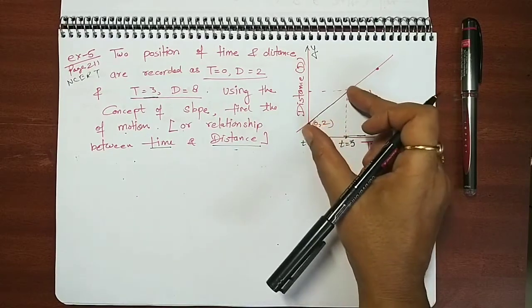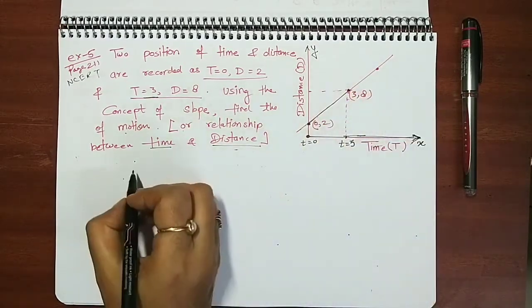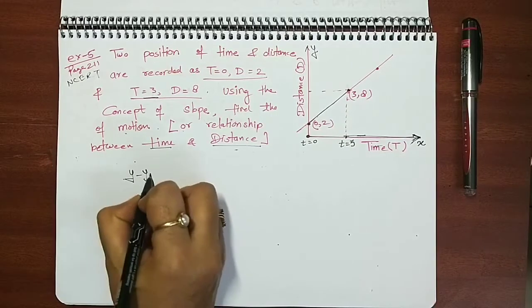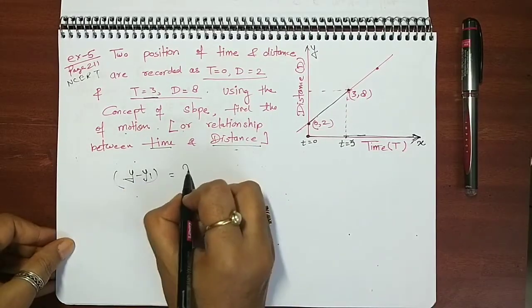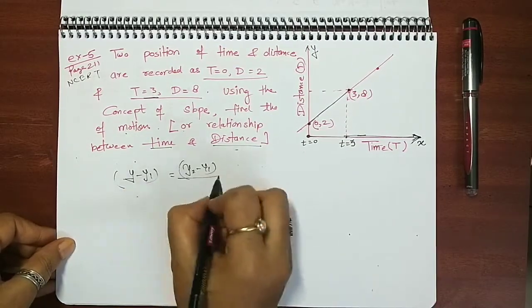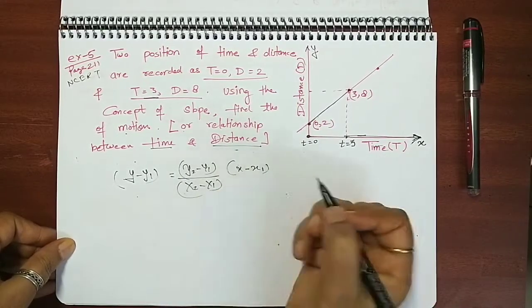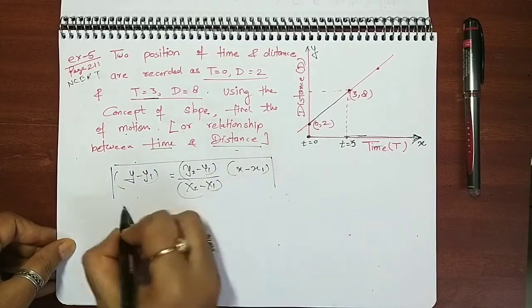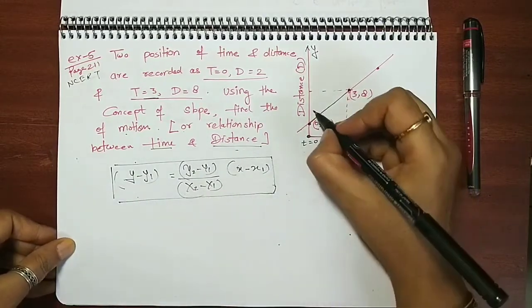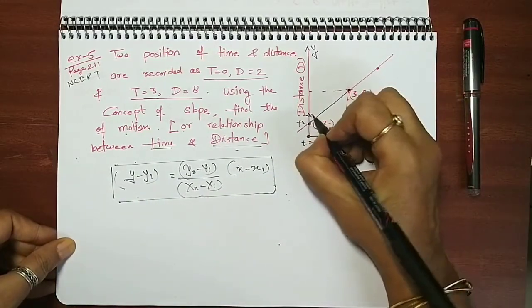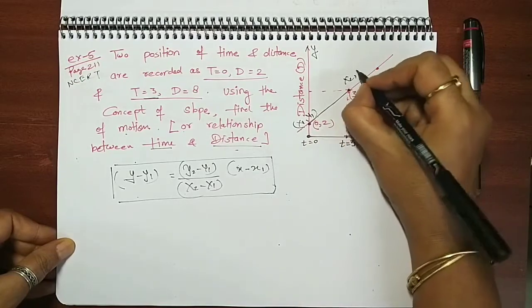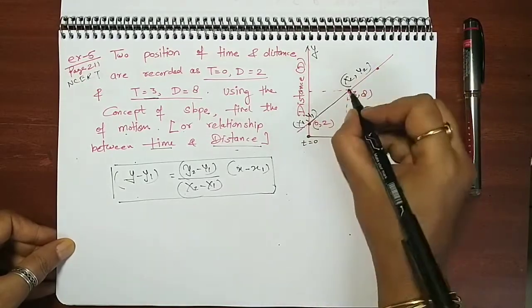So if 2 points are given on a line, what is the equation of the line? y minus y1 is equal to (y2 minus y1) by (x2 minus x1), times (x minus x1). Correct? Where x1, y1 is the first point and x2, y2 is the second point.